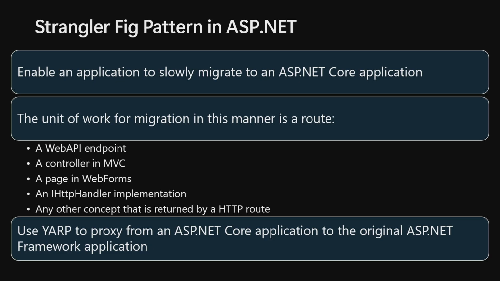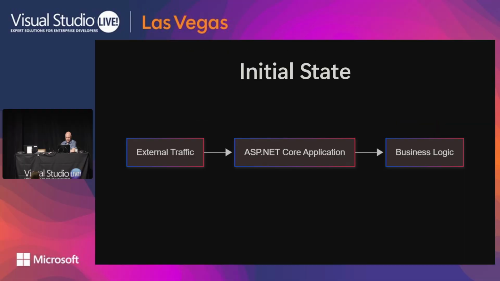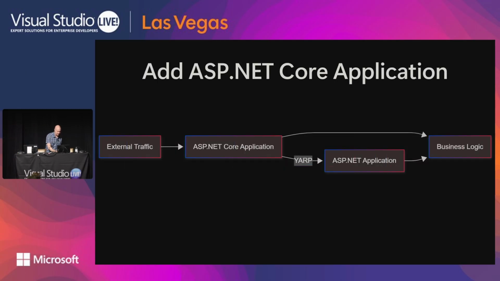When you originally create your Blazor app, everything comes in. So here's your initial app. I actually wrote this wrong. That should say ASP.NET Framework application. Externally, everything's coming into your app, which has the UI and business logic.